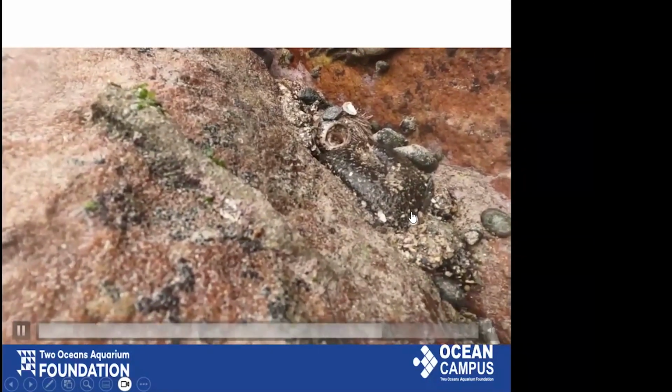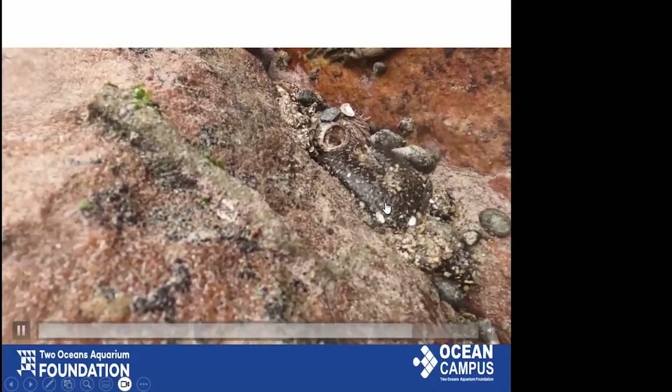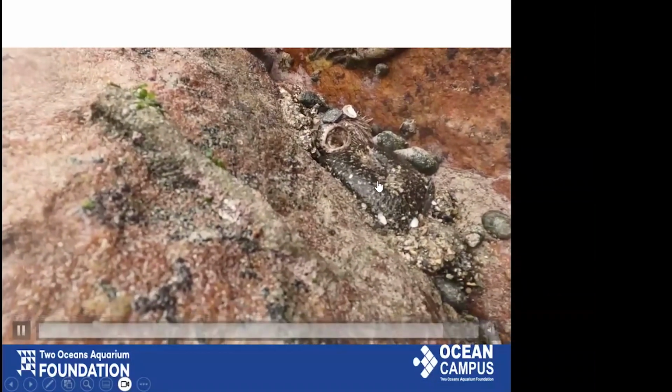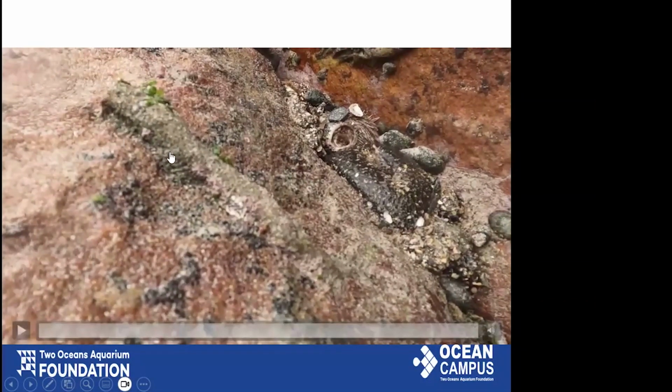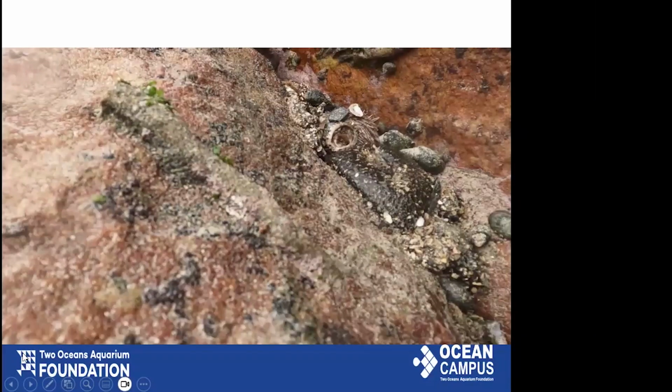And then these are some sea anemones that are out of the water. And so they've now retracted their tentacles entirely. But along the side, the other thing we wanted to just point out is what the tube of the worm looks like.